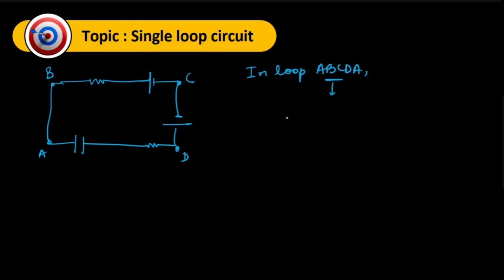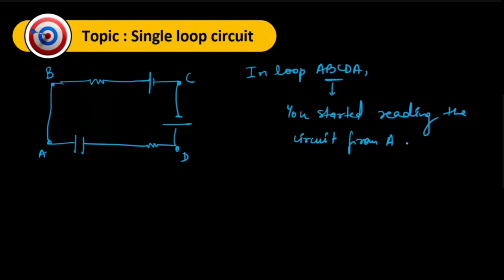It means you started reading the circuit from A to B, B to C, C to D, and then back to A, ending back at A. So what direction is it?